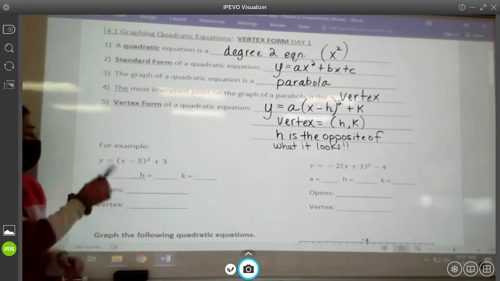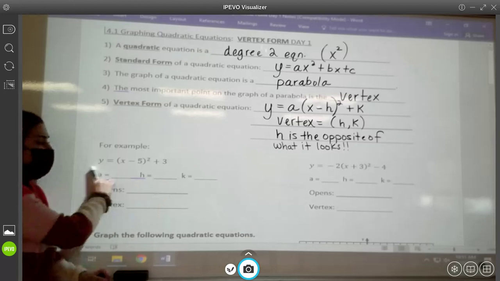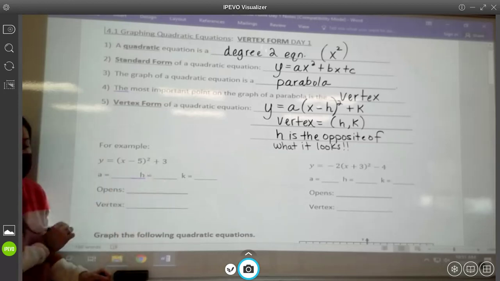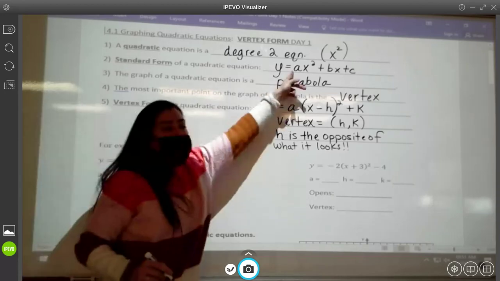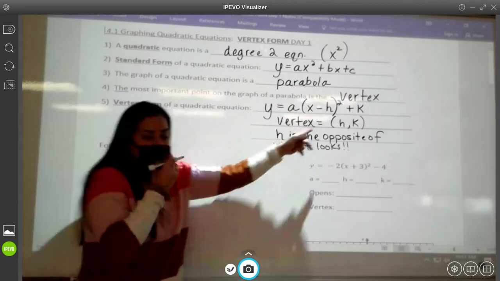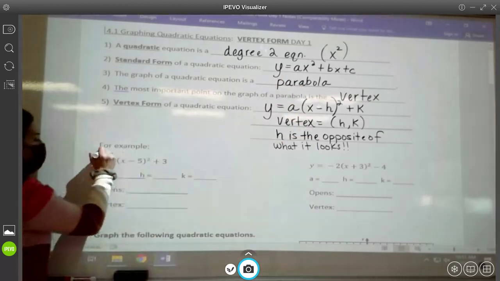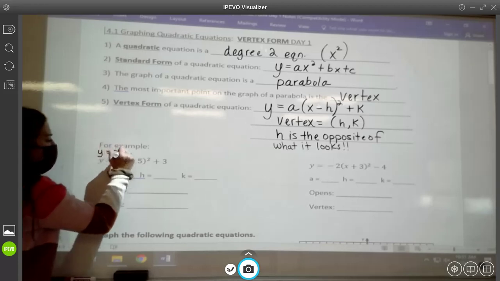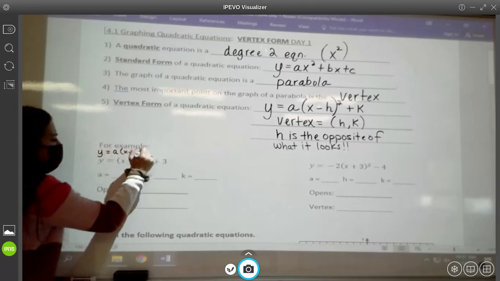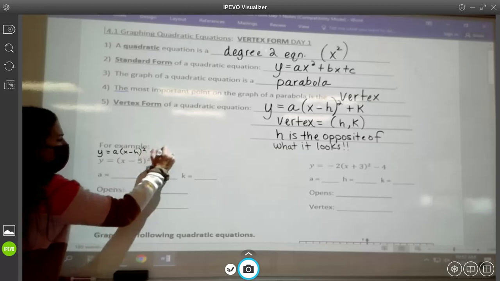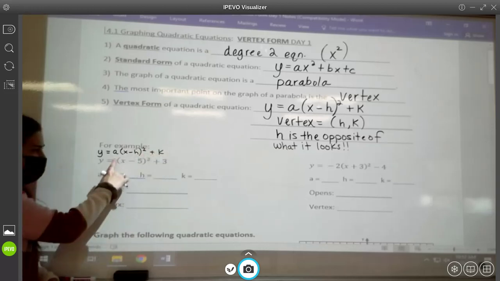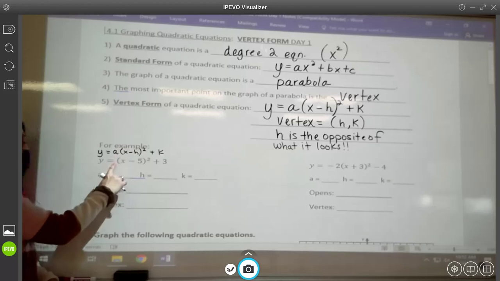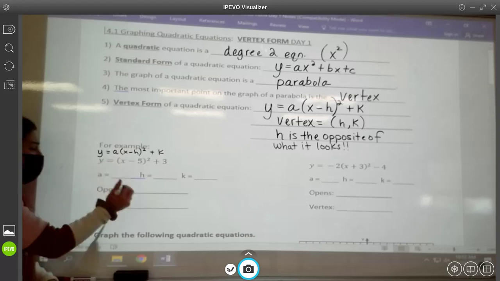All right, so guys, look at this. Here's an example of what a quadratic equation in vertex form is going to look like. As soon as you see the parentheses, you know you're not in standard form. You must be in vertex form. Okay, so it's going to look like y equals a times x minus some number h squared and then plus k. In vertex form, a in this example is supposed to be the number in front of the parentheses. So what number do we have to assume is in front of this parenthesis? 1.